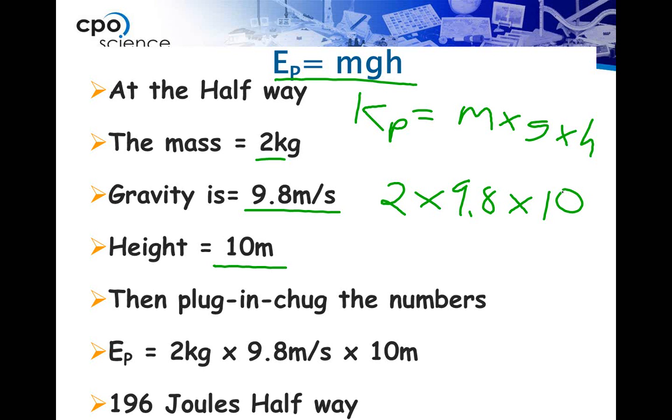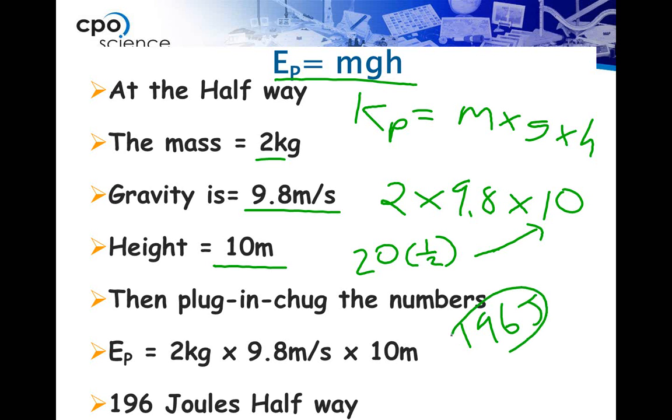Now, here's the part if you didn't get what I did there. The total distance was 20 meters. I took half of that, 10 meters. So my answer is 196 joules, about halfway down.